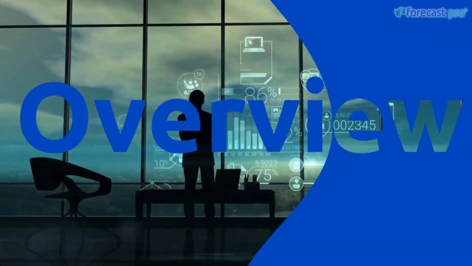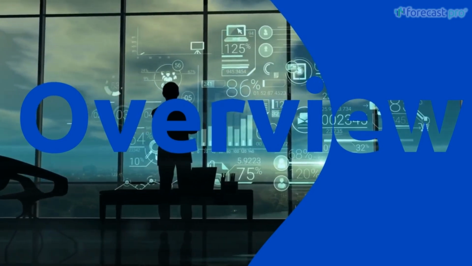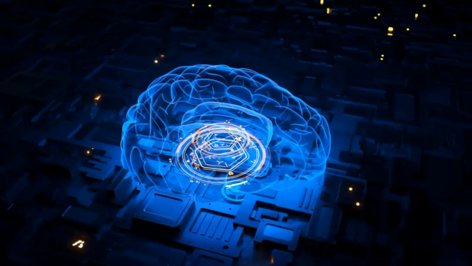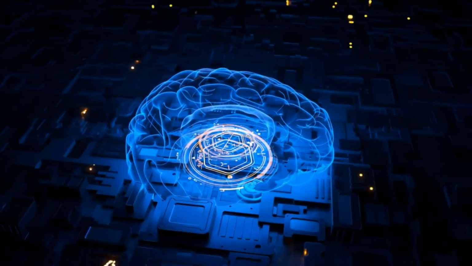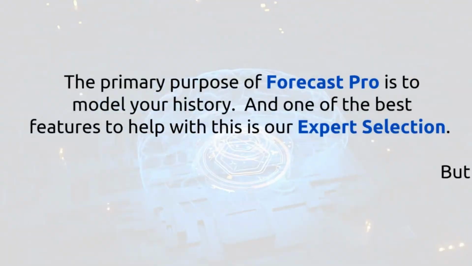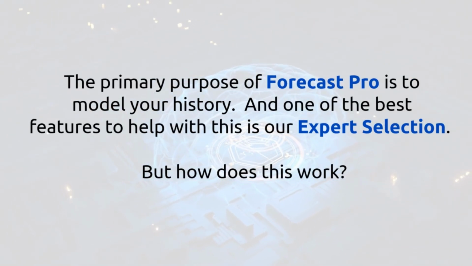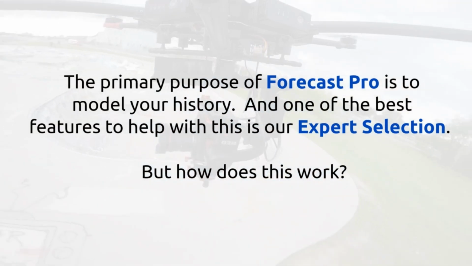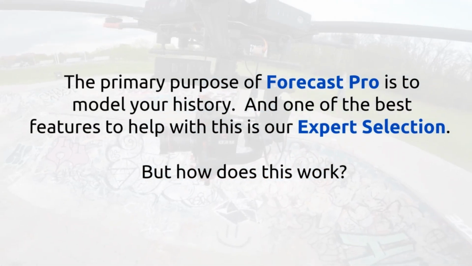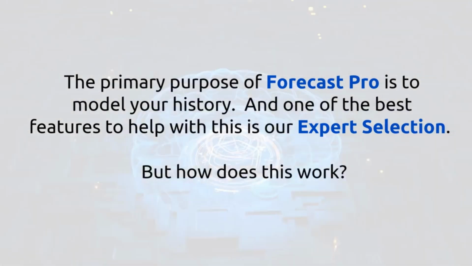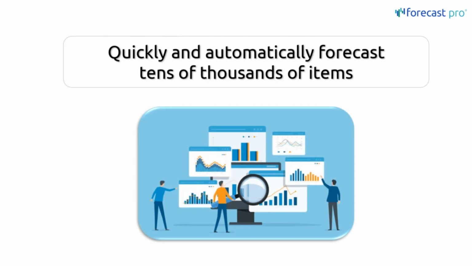Let's give a brief overview of how modeling works in Forecast Pro. The primary purpose of Forecast Pro is to model your history. And one of the best features to help with this is our expert selection. But how does it work? When you load data into Forecast Pro, our expert selection process is able to quickly and automatically forecast tens of thousands of items.